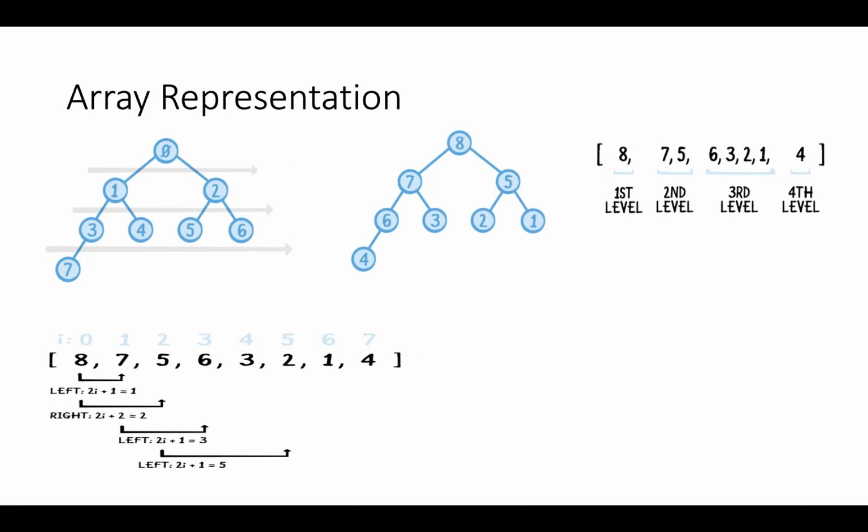For now, just assume that this is the array. We haven't yet considered whether it is max heap or min heap. We are just trying to understand how we can use this array to map it in a tree format.